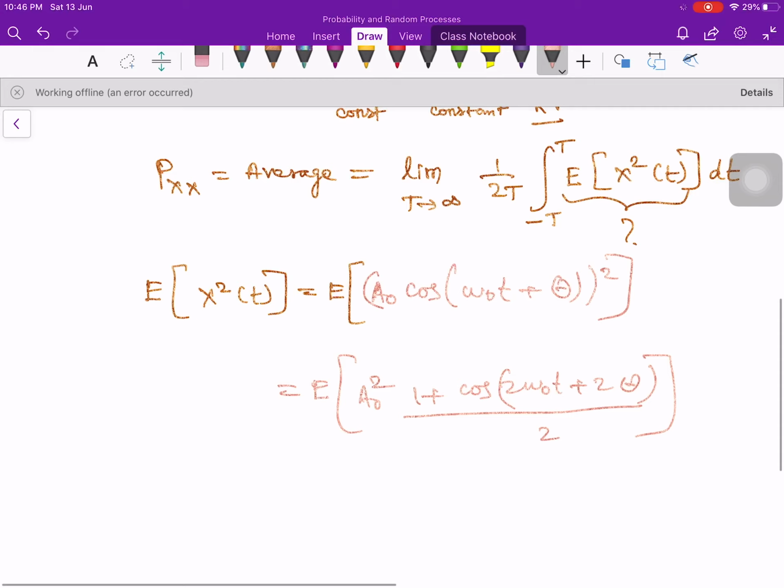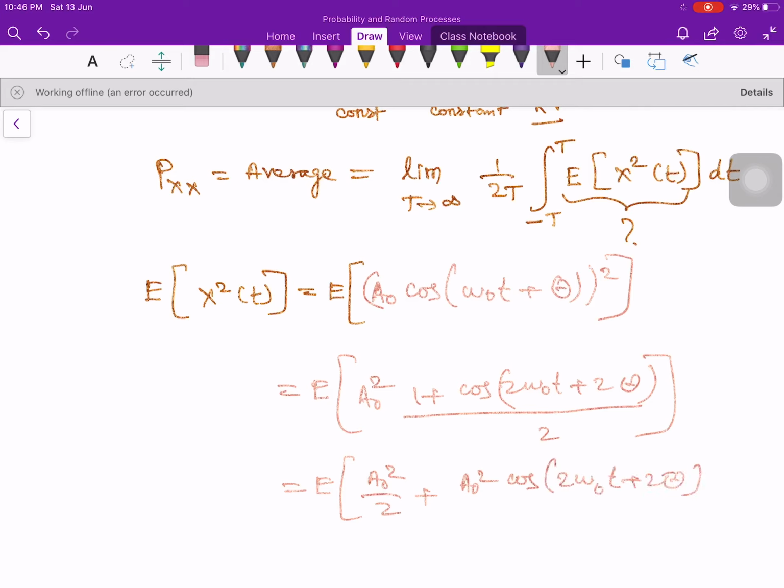And where A naught square is constant and 2 is constant, so take the expectation inside, it is a linear operation. So this is going to be, anyway I'll write one more step, A naught square by 2 plus A naught square times cos of 2 omega naught t plus 2 Theta by 2.